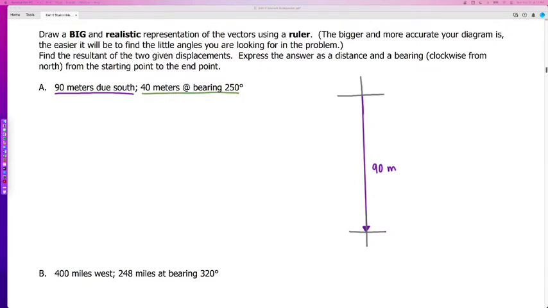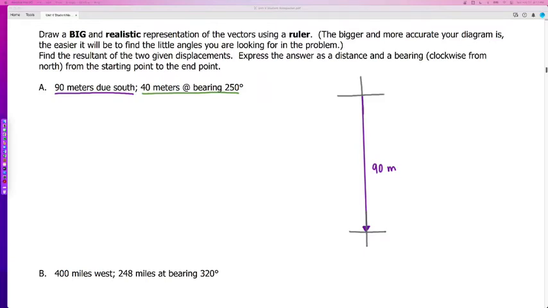I'm going to have to make sure that the bearing is accurate. But then also, because our first vector was 90 meters, I want to make sure that my second vector is somewhat relative in size to the first. So 40 meters means we're going to draw a line that is at least half as long as the first vector, just to be as accurate as possible. Okay, and again, it's going to sit at a bearing of 250 degrees.